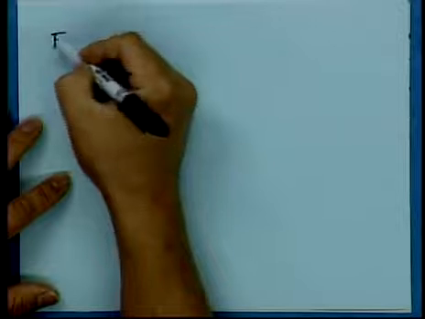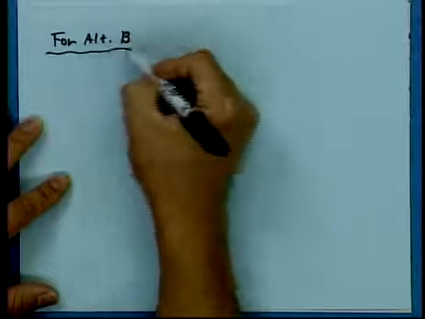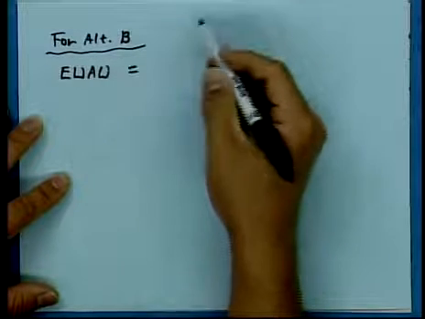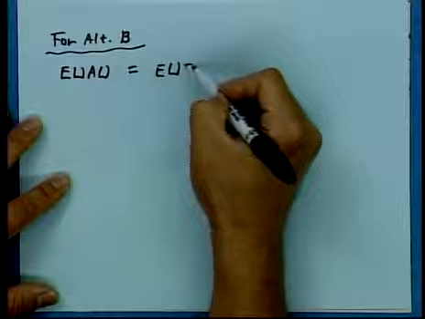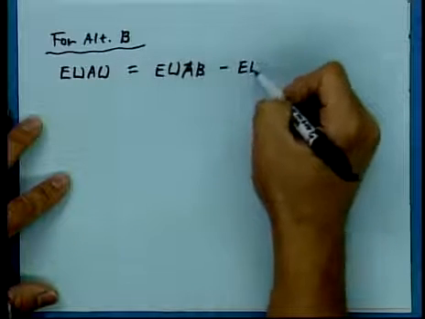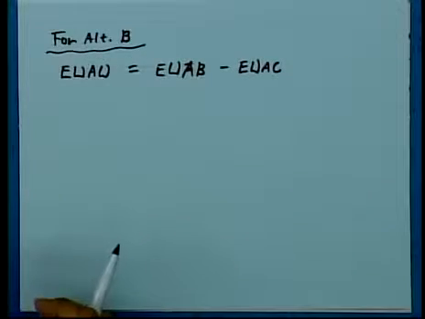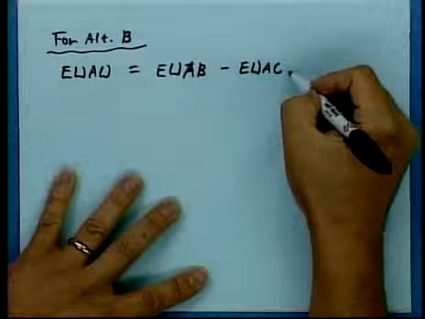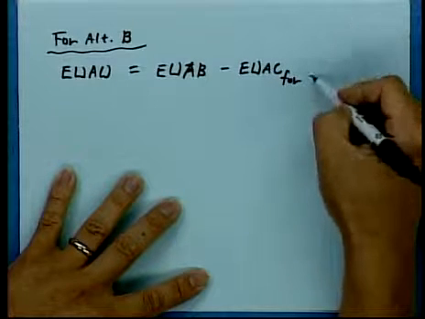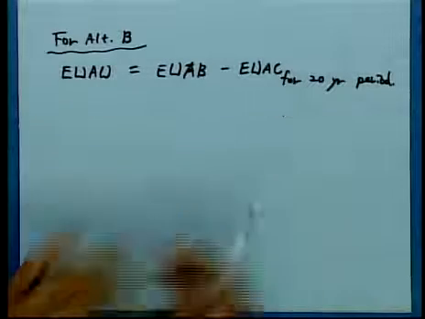And for alternative B, equivalent uniform annual worth, equivalent uniform annual benefit minus equivalent uniform annual cost, right? In that case, equivalent uniform annual cost for 20-year period. Okay?